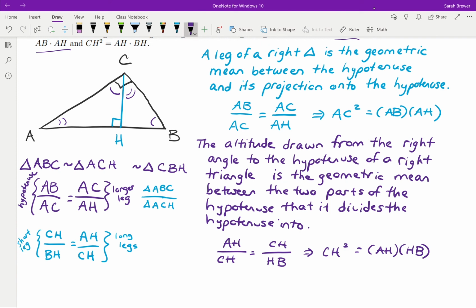And here I'm looking at CH and AH, so I'm looking at triangle ACH over BH, and CH is triangle CBH. So original triangle to medium triangle, and medium triangle to smallest triangle.